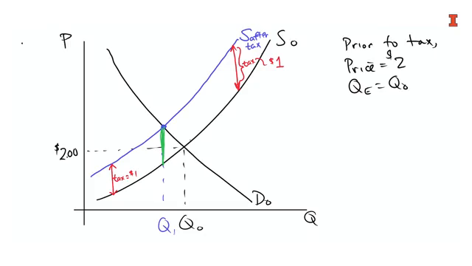In fact, we know that by the way we built this, at the original output, Q0, this height is actually $1 more, which would be $3 a gallon. So the equilibrium price hasn't gone up the full amount, and that's because of the curvature of these products.